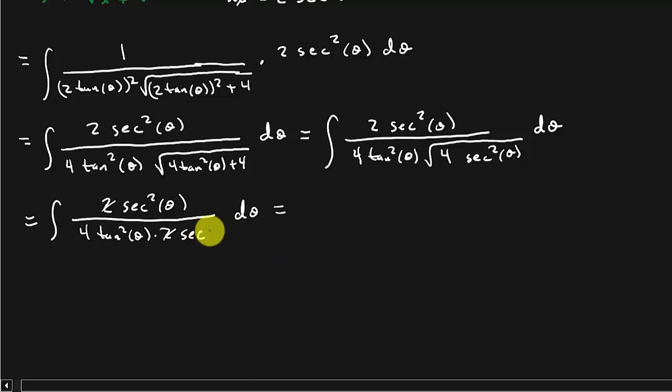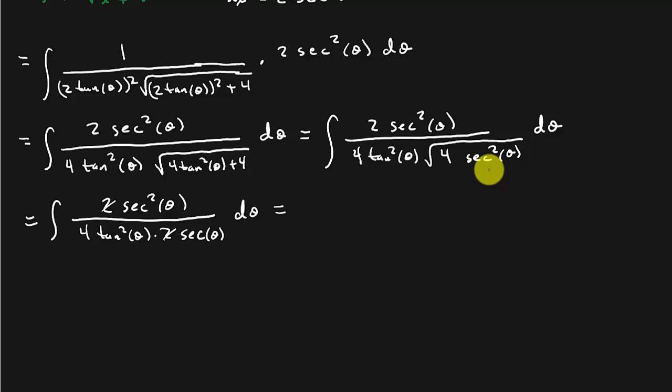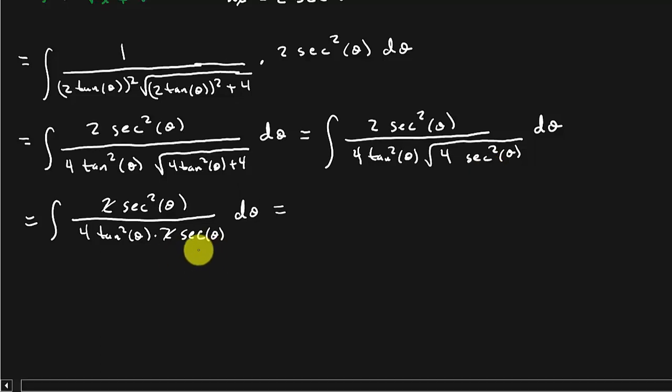I'm sorry, not secant squared, just secant. The square root of secant squared is secant. And once again, yes, absolute value of secant theta, and secant theta is positive because of what interval theta's in. Just go look back up at the chart and you can see secant theta would be positive. So that's why we can just put secant theta.